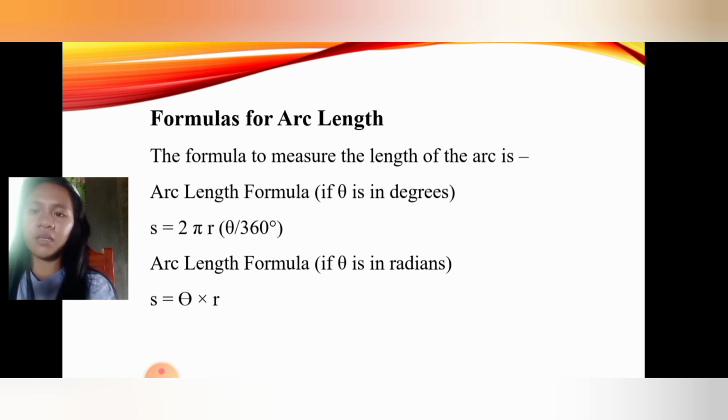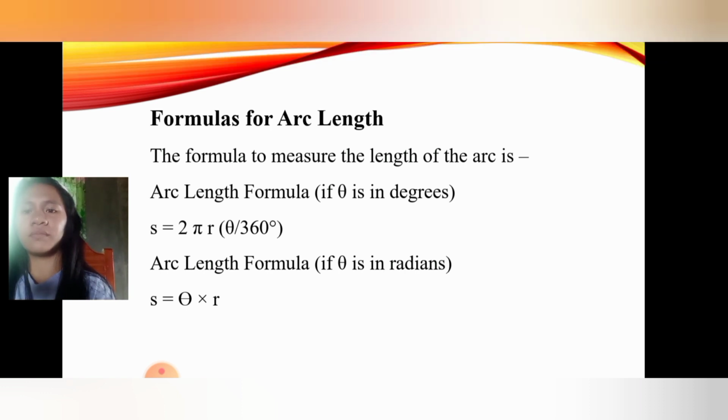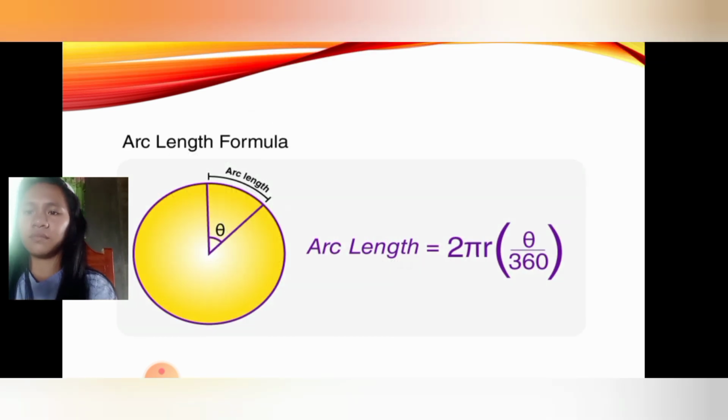If theta is in radians, then S is theta times r. So the arc length is 2 pi r theta all over 360.